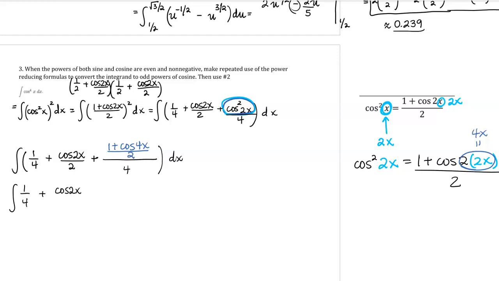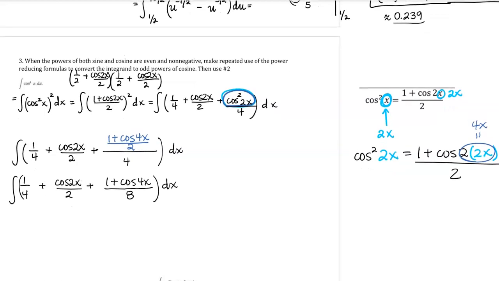So I'm just going to multiply it by its reciprocal of 1/4 to get a 1/8 out in front of the 1 plus cosine 4x, because it's really 1 plus cosine 4x over 8. I'll just write it like that for now. Oh, that's over 8.